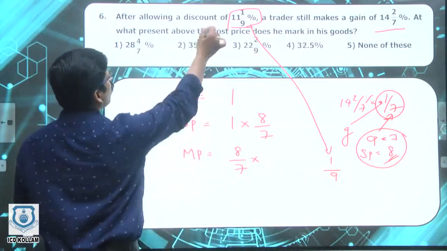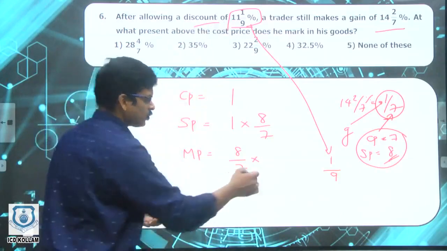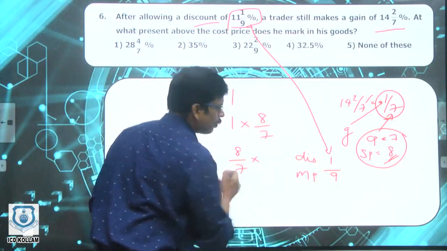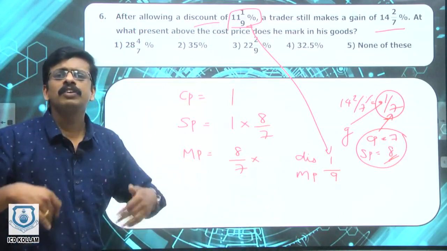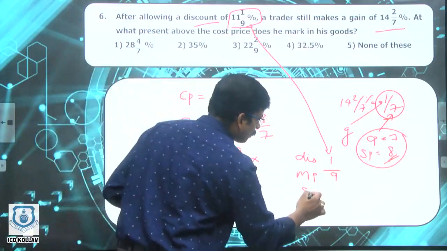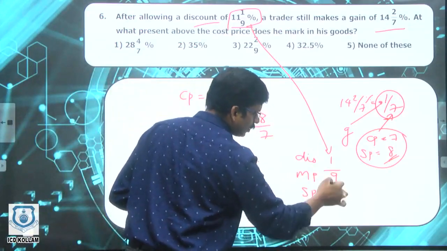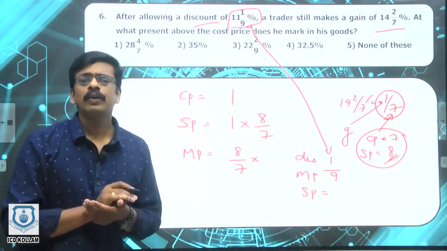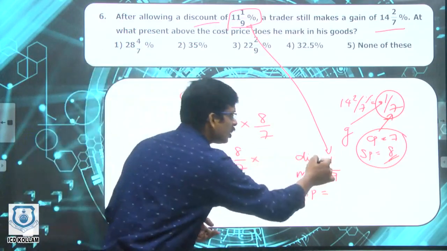But it is discount. Means this is mark price, then this is discount. Because discount is always given on mark price. So, the selling price will be 1 less than 9, because selling price is less than the mark price by this discount value.